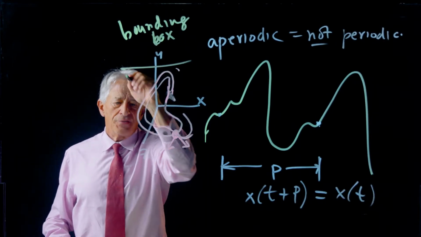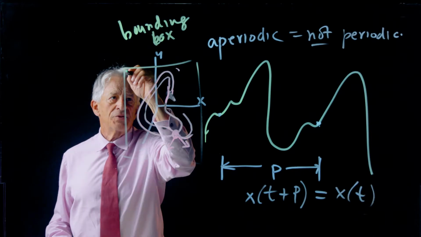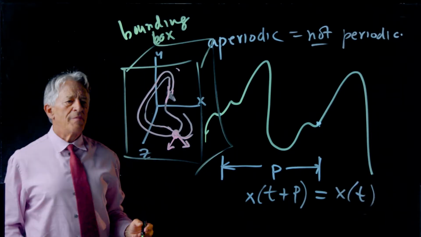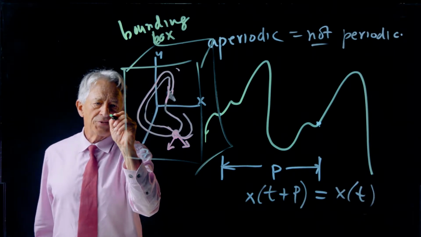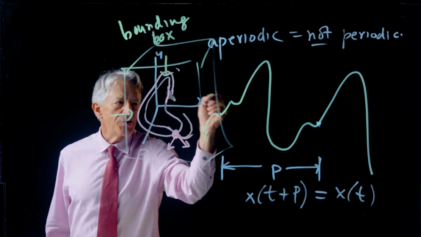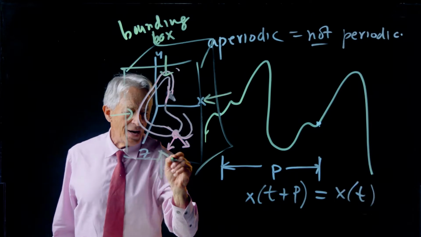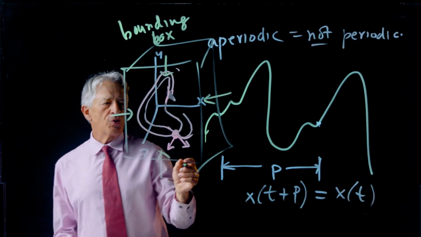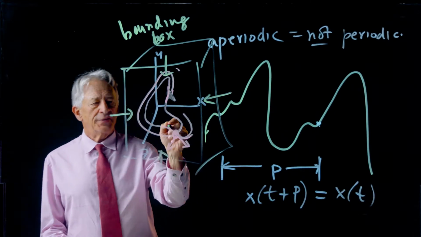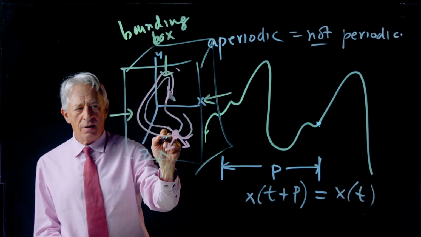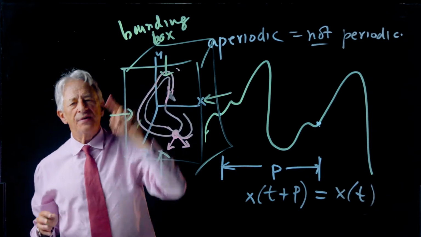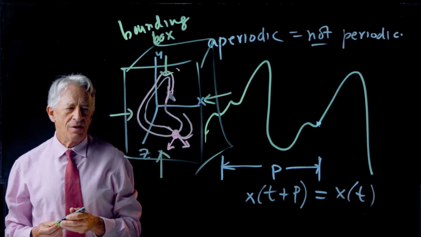In other words, there is a box in state space such that you can prove mathematically that the change vectors on every face of that box are pointing inward. In other words, you can show that the trajectory has to be confined within this bounding box.